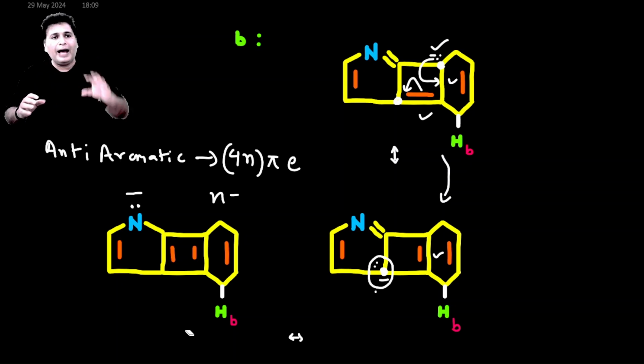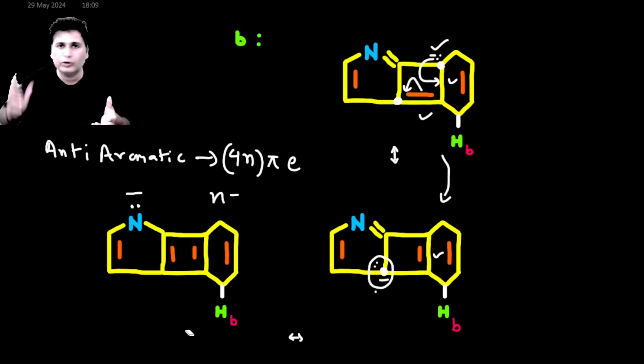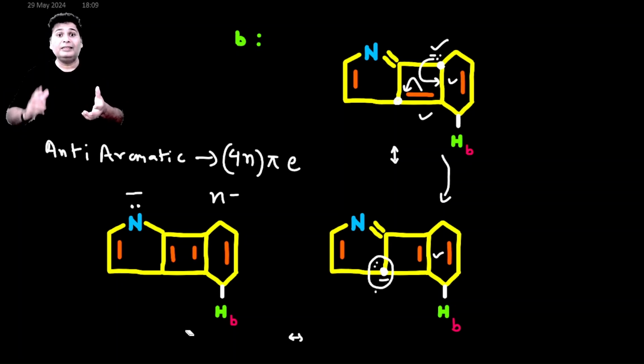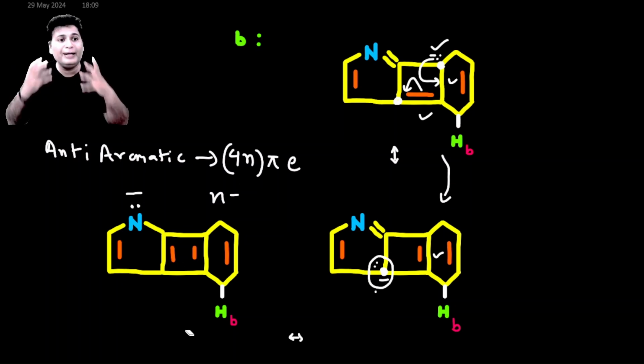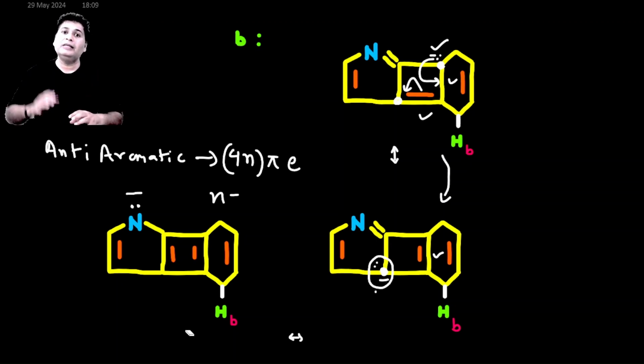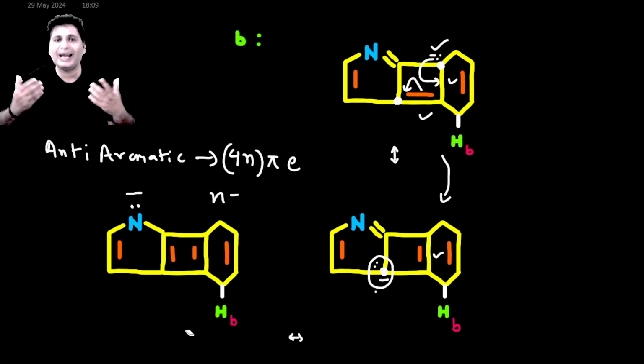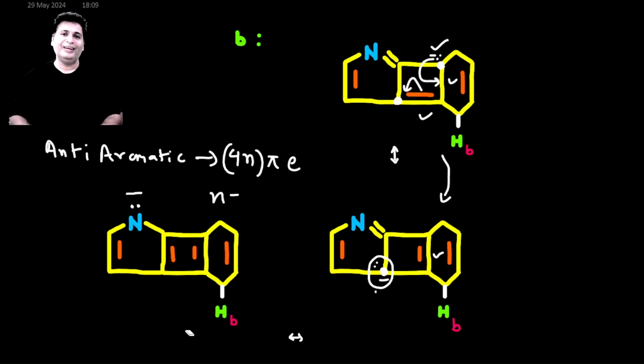Aromaticity is doing good to you, anti-aromaticity is doing bad to you, and now you should understand that the badness of anti-aromaticity is higher than the goodness of aromaticity. What I am trying to say is, the anti-aromatic behavior is going to harm this anion more than the aromatic character is going to help this anion. So if you join these two features, you will find that instead of getting stabilized, it will be destabilized.